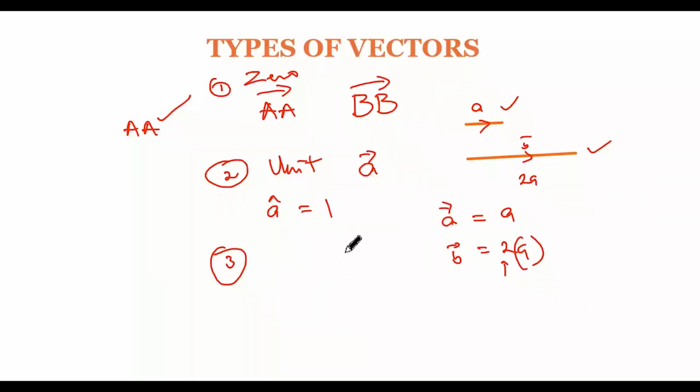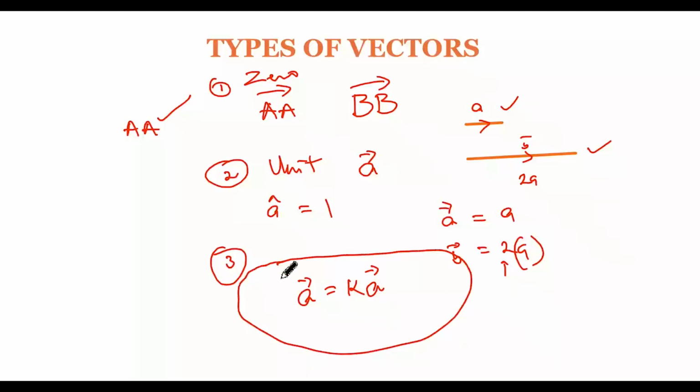For that reason, we can generate a formula: if there is a vector A that is equal to the product of a scalar factor k and another vector B, then we can say that the two vectors are parallel.